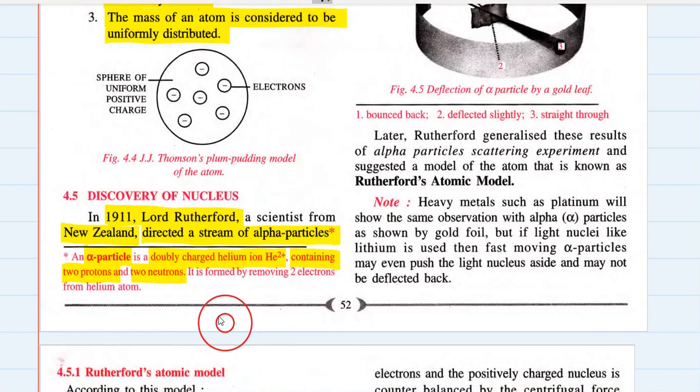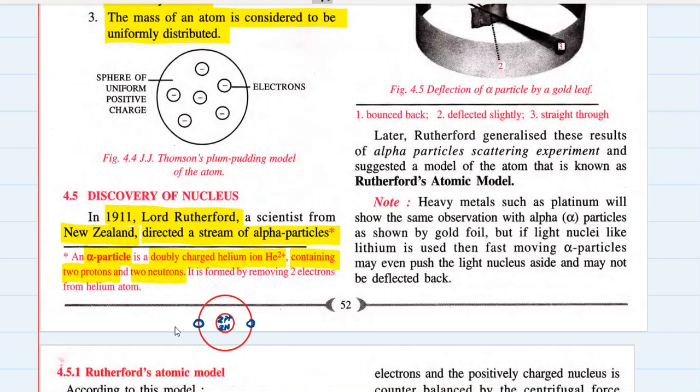Inside the nucleus there are two protons and two neutrons, and in the first shell there are two electrons. So we have two protons and two neutrons inside the nucleus and two electrons revolving outside in the outermost shell.